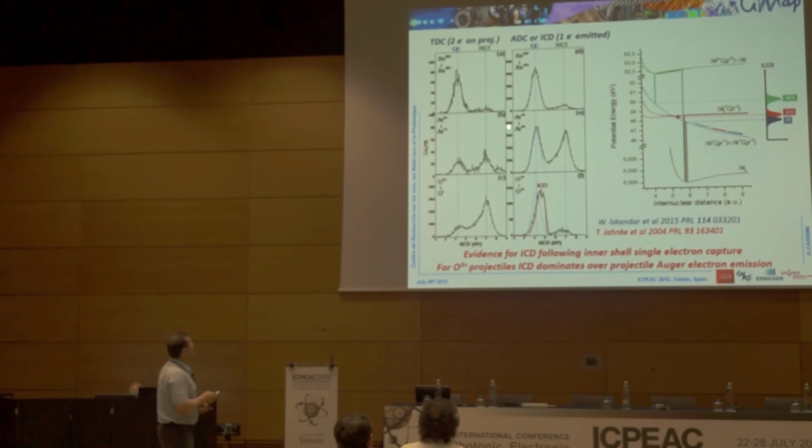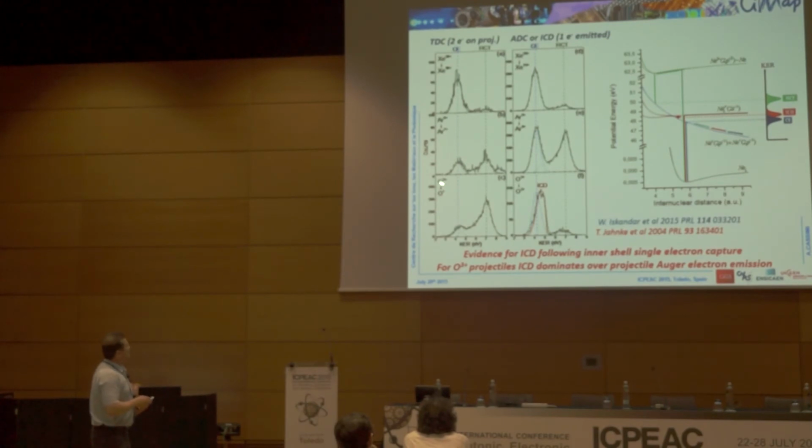So we did this with all our projectiles, xenon 20 plus, argon 9 plus, and oxygen 3 plus. I will not go too much into the details, otherwise I will be short in time. But the thing is that you cannot see ICD with highly charged ions.